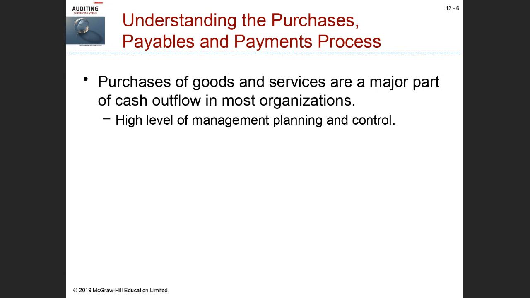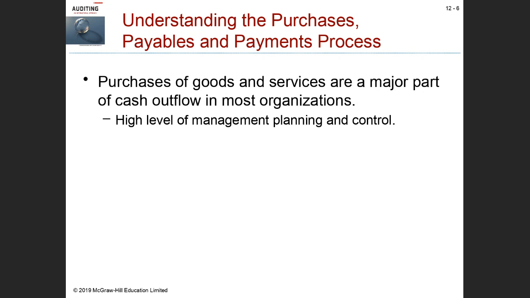We do cash flow planning or projections. So this is one of the most important aspects, actually, of controlling the purchasing that's taking place inside of a business organization. And that's why the PowerPoint refers to the fact there should be a high level of management planning and control around the use of cash.